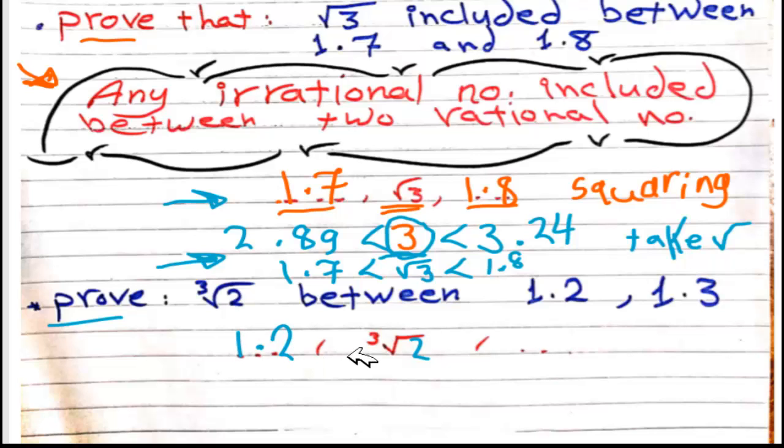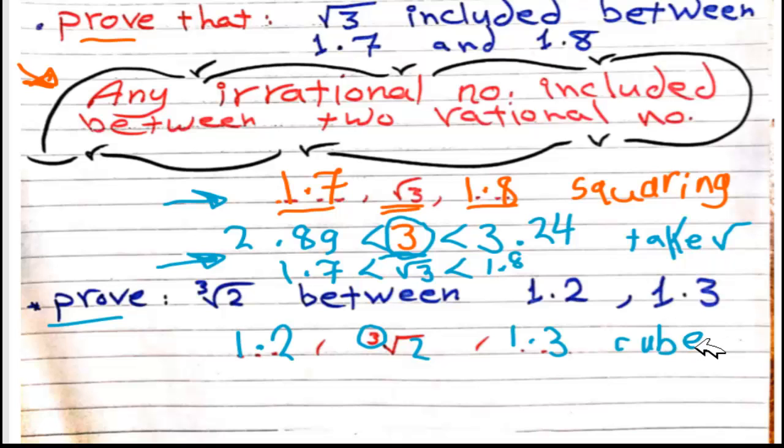Here I said square, power 2. Why power 2? Because I have a square root. Here I have a cube root. So squaring or cubing, power 3 or power 2? Excellent, power 3. So cubing all sides.